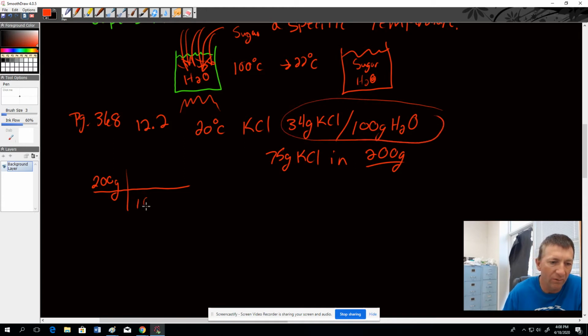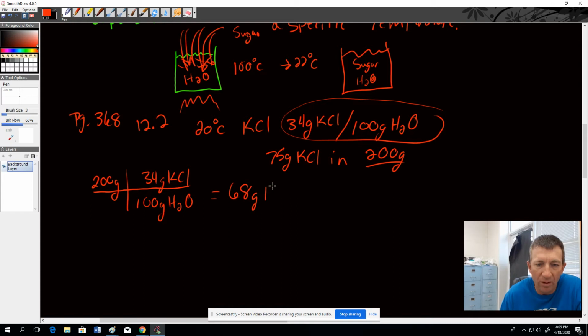We're going to say for every 100 grams of water, we can mix in 34 grams of KCl. So 200 times 34 divided by 100 equals 68 grams of KCl. So that's all 200 grams of water can hold. It can only hold 68 grams. Okay, so that's how much will dissolve.